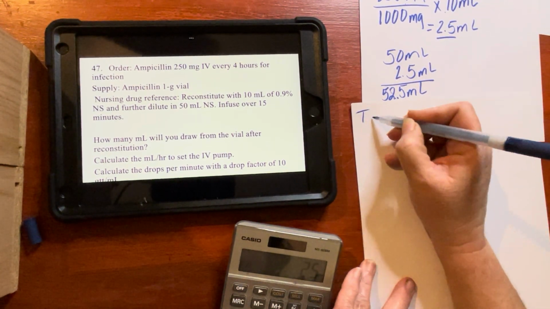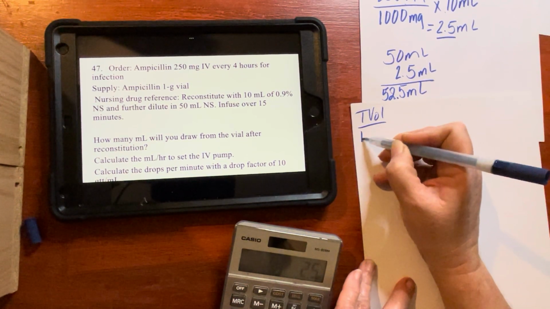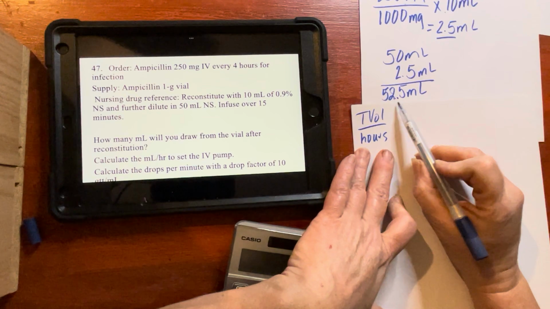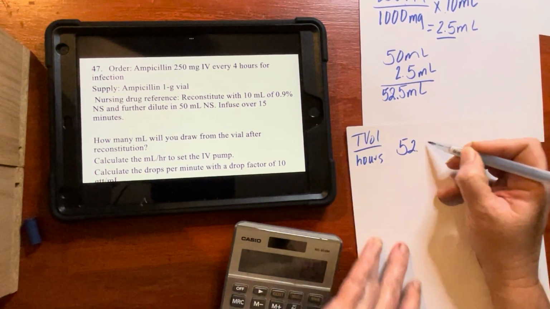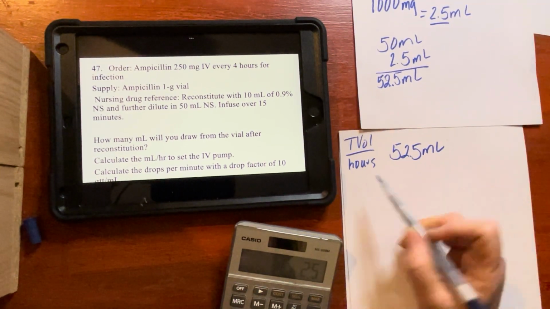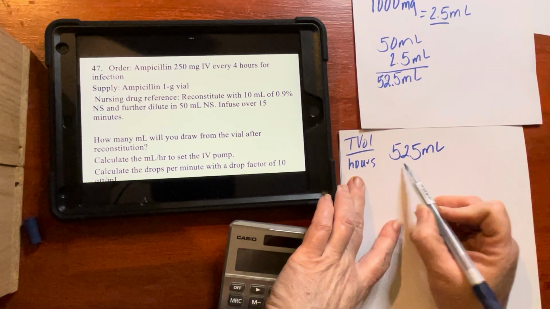It is the total volume over the time in hours. Okay? Our total volume is 52.5 mLs. And the time has to be in hours. And look, it's in minutes.